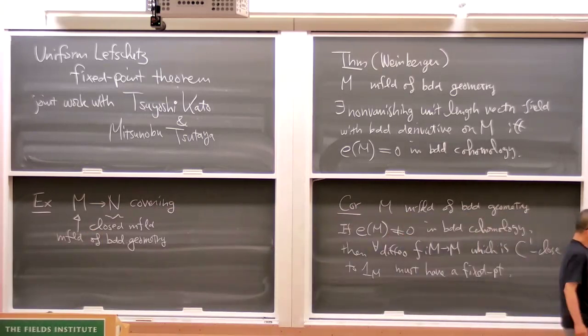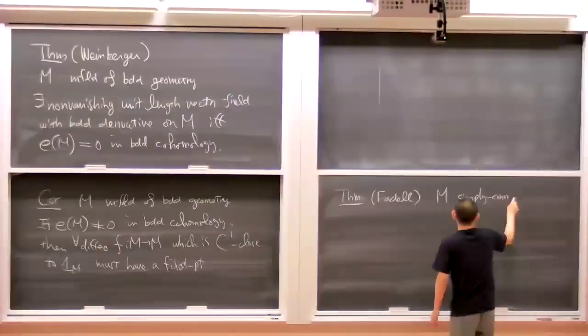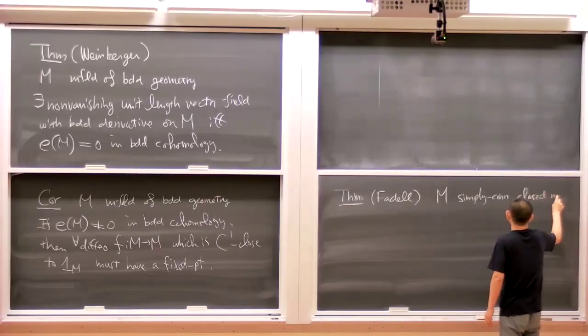The Lefschetz fixed point theorem has several variants, and here I'm going to consider the Lefschetz fixed point theorem which is due to Fadell. Of course, he considered a closed, compact manifold. So M is a simply connected closed manifold.